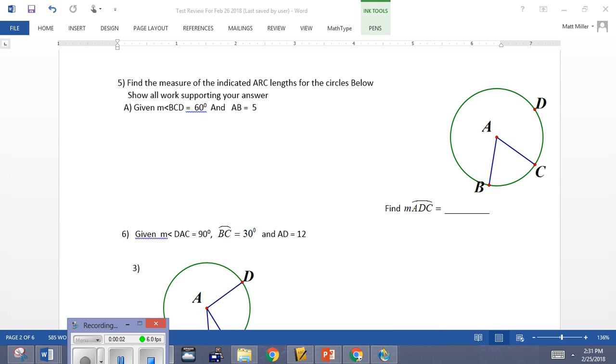Okay, we're back. We're going to take a look at a few more. Okay, arc lengths. Now, what arc length is it trying to find?